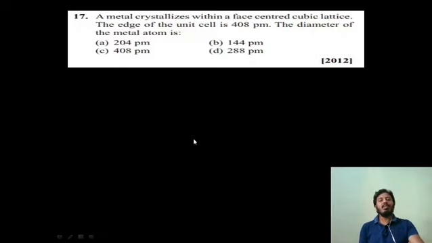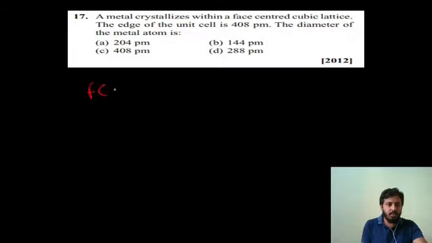17. A metal crystallizes within a face-centered cubic lattice. The edge length of the unit cell is 408 picometer. The diameter of the metal atom is. Here we have to find the diameter of the atom. So how can we find the diameter of an atom? It's clearly shown that a metal crystallizes within a face-centered cubic lattice.